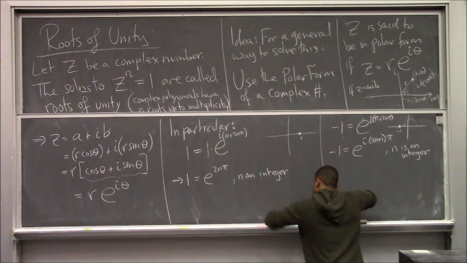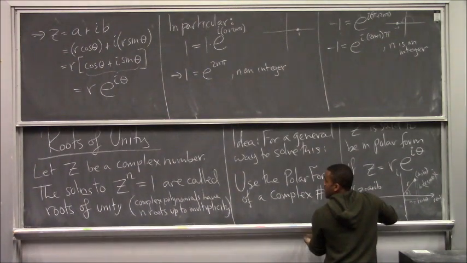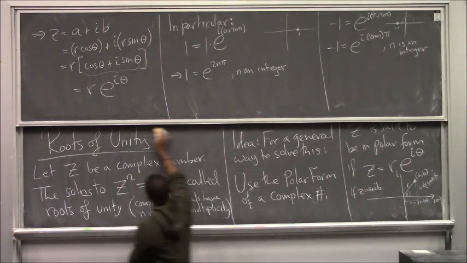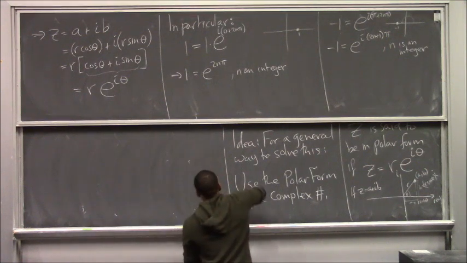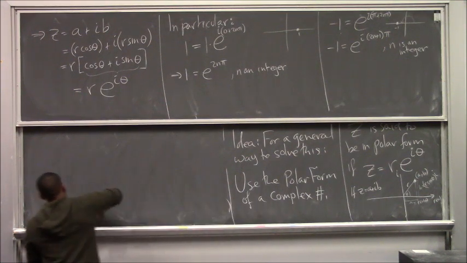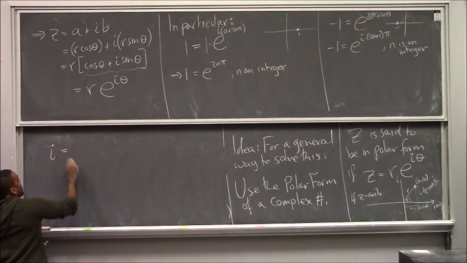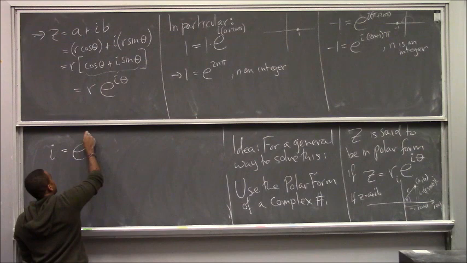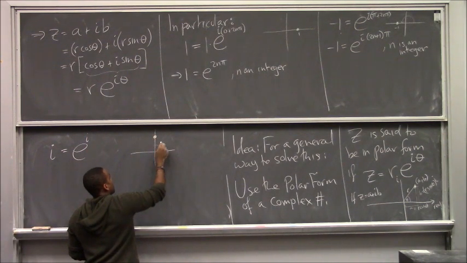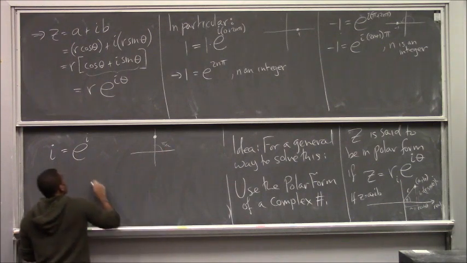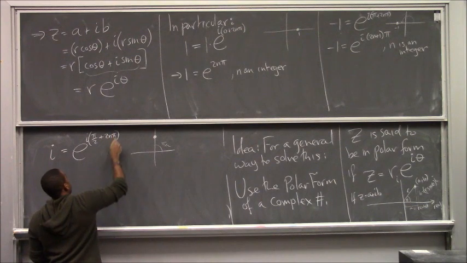I can do the same thing for the imaginary unit. If I have i, I can also write that as e to the i some angle. What angle? Well, i will be the point that's right here. The angle here is going to be pi over 2, so I start at pi over 2 plus 2n pi.